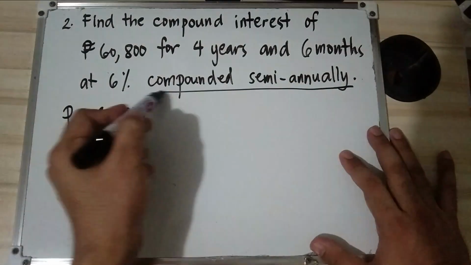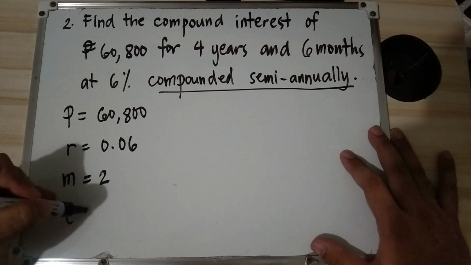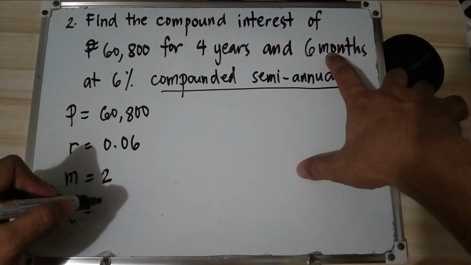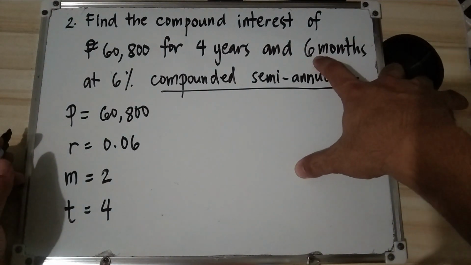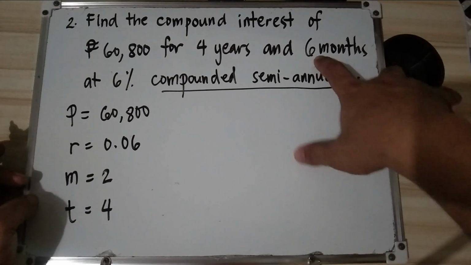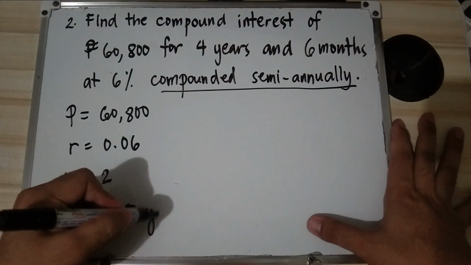Compounded semi-annually. Okay? Time, yung time natin is 4 years and 6 months. So, para ma-convert yung months sa year, 6 divided by 12 is 0.5. So, yung 0.5, idadagdag nyo sa 4. So, 4.5 years.